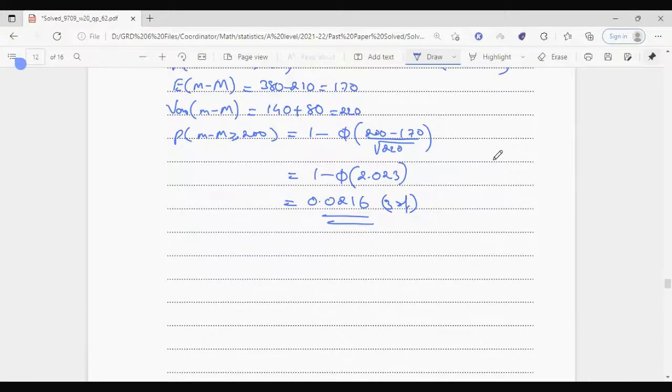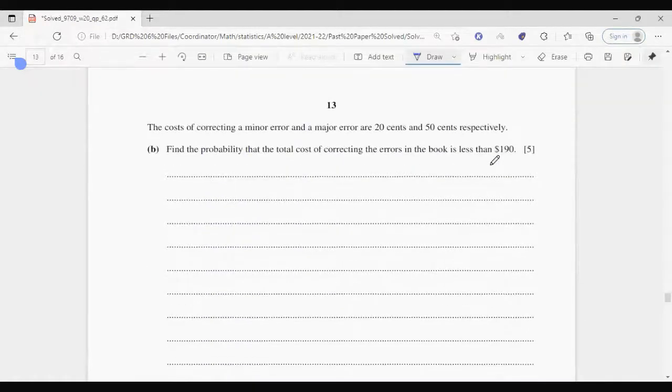Moving on to the next part. The cost of correcting a minor error and a major error are 20 cents and 50 cents respectively. Find the probability that the total cost of correcting the errors in the book is less than $190.